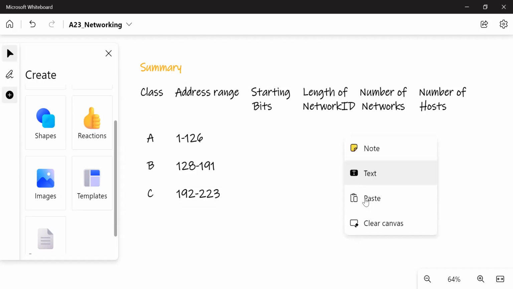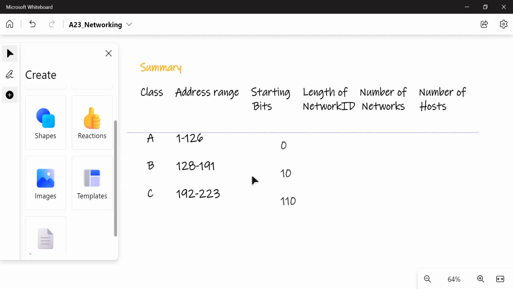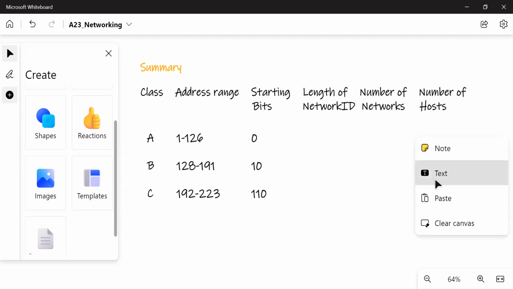The next one is the starting bits. The start bits for A is 0, B is 10, and C is 110, right? So those are the starting bits for classes A, B, and C. The length of the network IDs, again, we know.